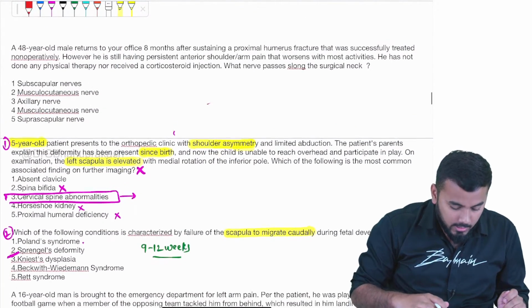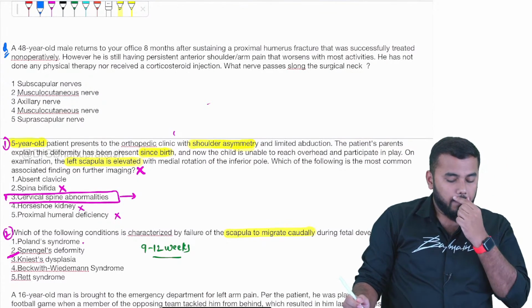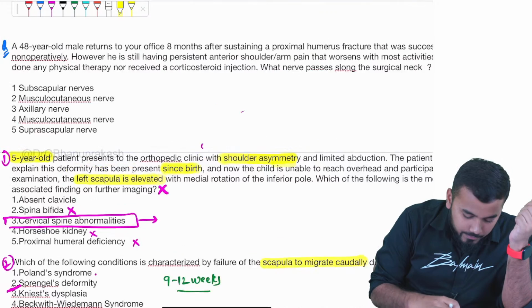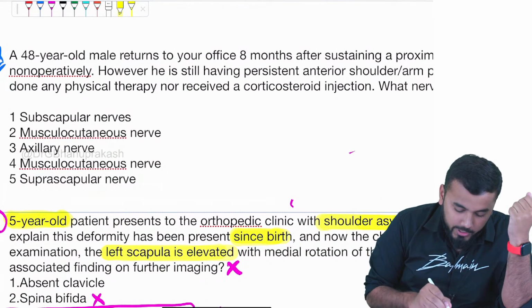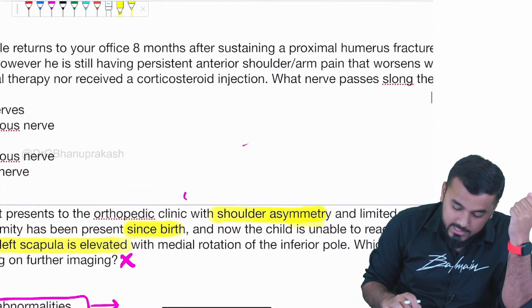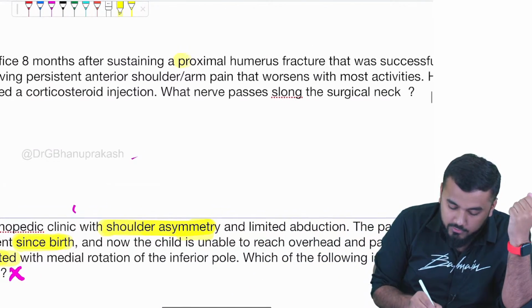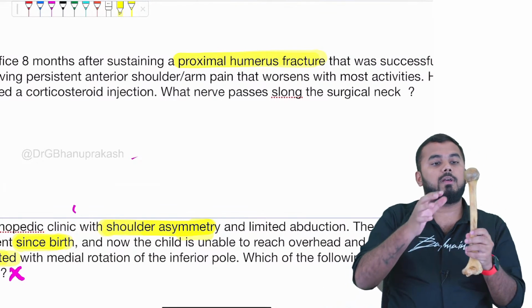Look here, guys. Look here, all of you. Can anyone do this question? The first one. A 48-year-old male returns to your office 8 months after sustaining a proximal humerus fracture. What is proximal? This is proximal.